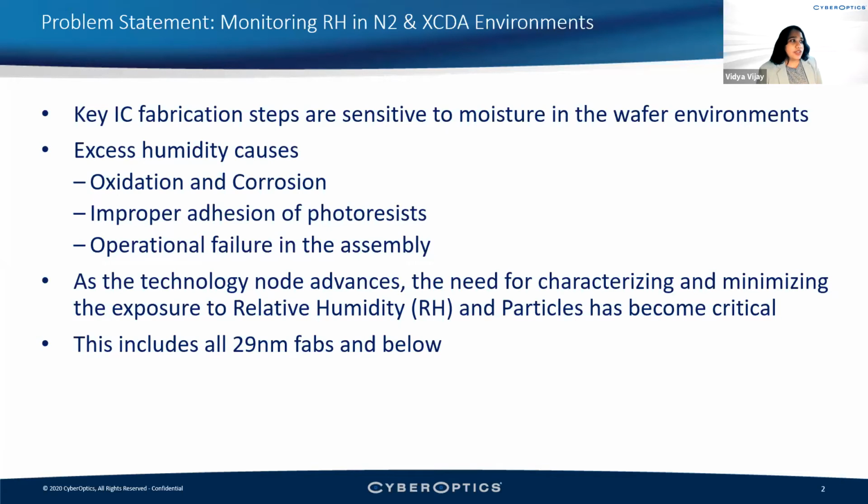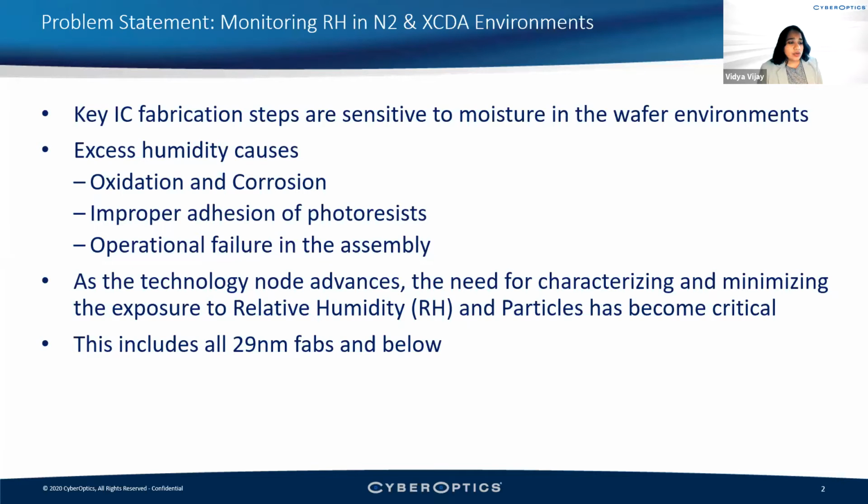For the wafer fabrication area, when the humidity level fluctuates, there is a host of problems that can occur. They are very sensitive to moisture in the wafer environment. Excess humidity can cause oxidation and corrosion, improper adhesion of photoresist, and problems during bonding, and all of this accumulates to operational failure in the assembly.